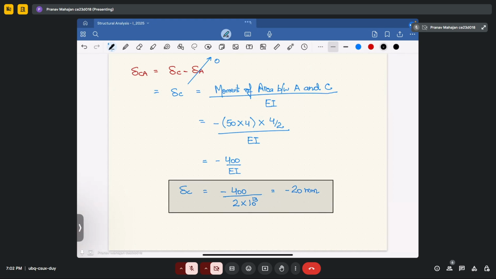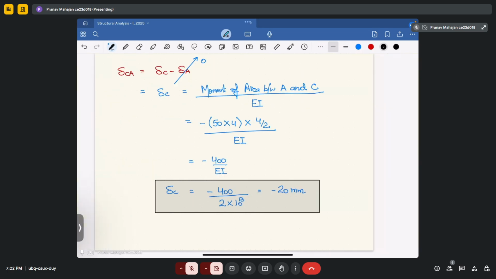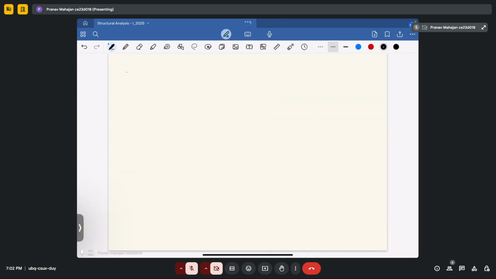Fine. Now you have to find the slope at point B. So if you have to find the slope at point B, your theta at point B with respect to A will be equal to theta B minus theta A. Now this theta A will be equal to 0.